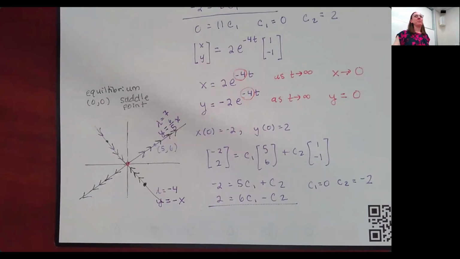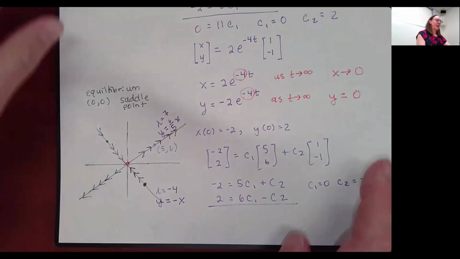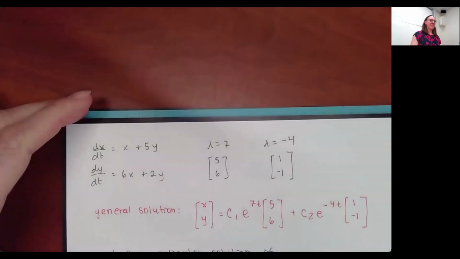Because for the same one, it goes up and it goes down. If I had my function of x and y, and I was checking to see if my critical point was a saddle point, determinant negative.